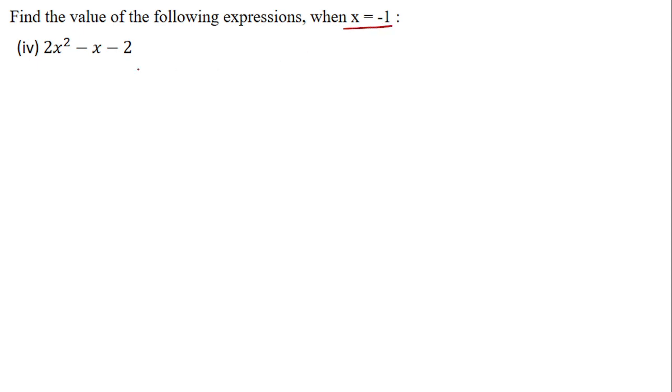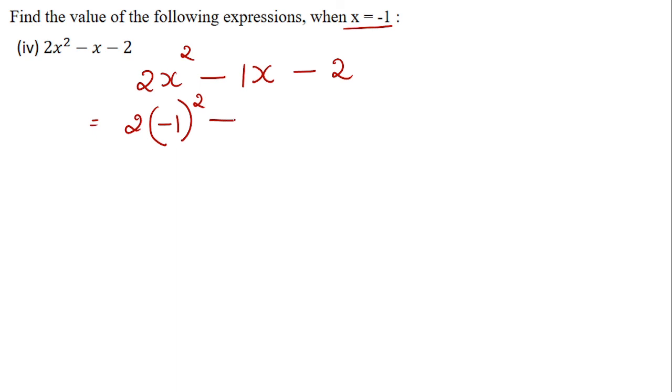x is equal to minus 1. So we need to find the value of 2x square minus x. If there is no number, then it is 1 minus 2. So that's equal to 2 into minus 1 to the power 2 minus 1 into minus 1 minus 2.